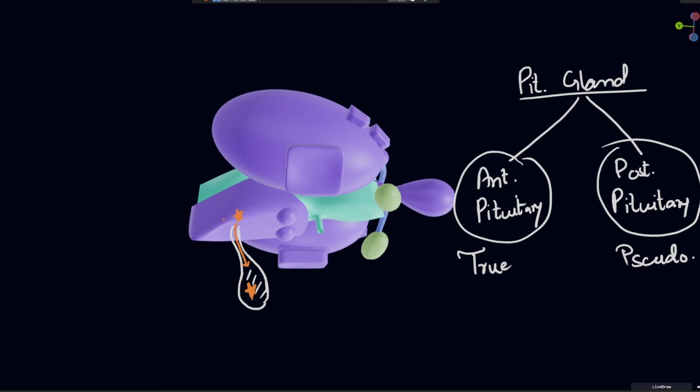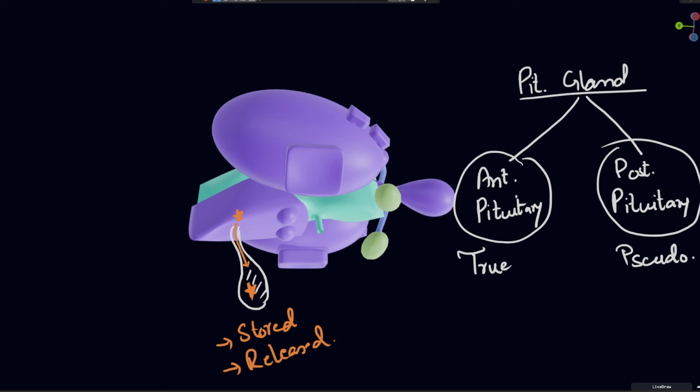So actually hypothalamus is acting as a gland in the sense of the creation of hormones. Those hormones are stored in posterior pituitary, and when needed they are released by posterior pituitary.